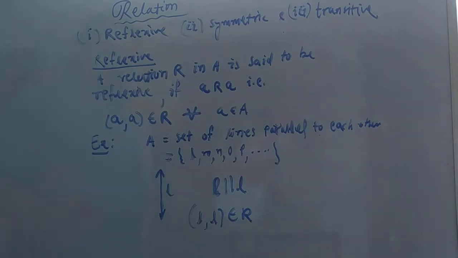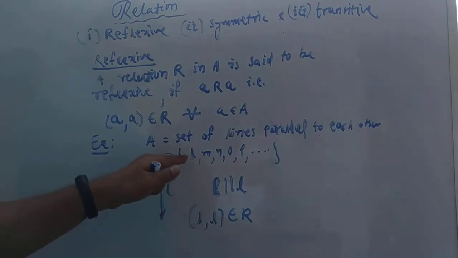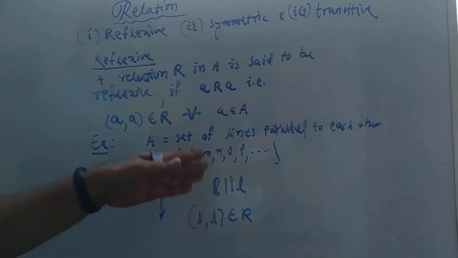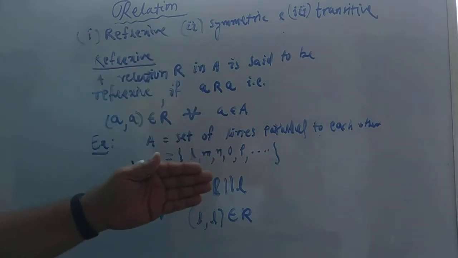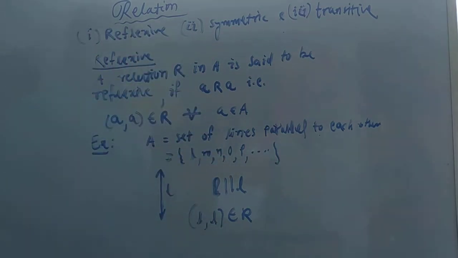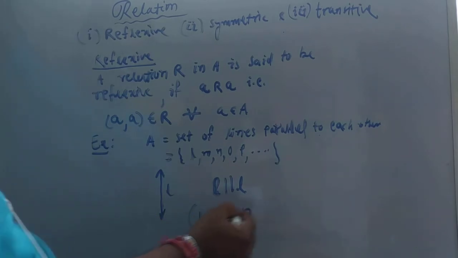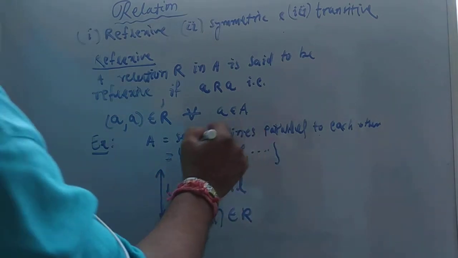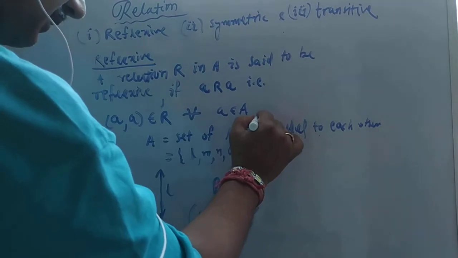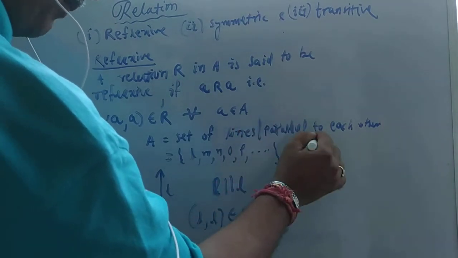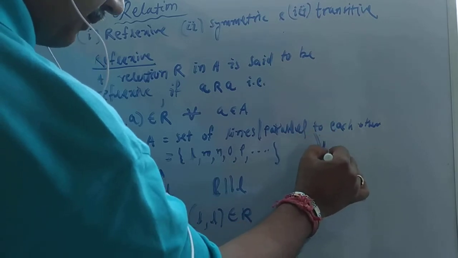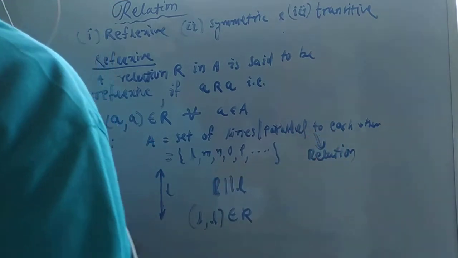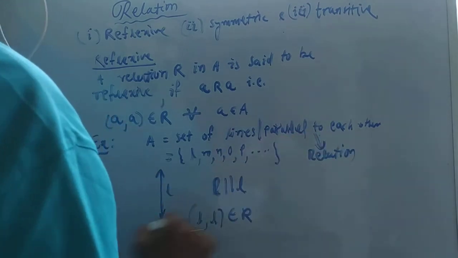Okay, so as we know that each line is parallel to itself, so L is parallel to L, M is parallel to M, N is parallel to N, O is parallel to O, so (L, L) belongs to R, (M, M) belongs to R. This is the set of lines and parallel to each other, that is the defined relation.